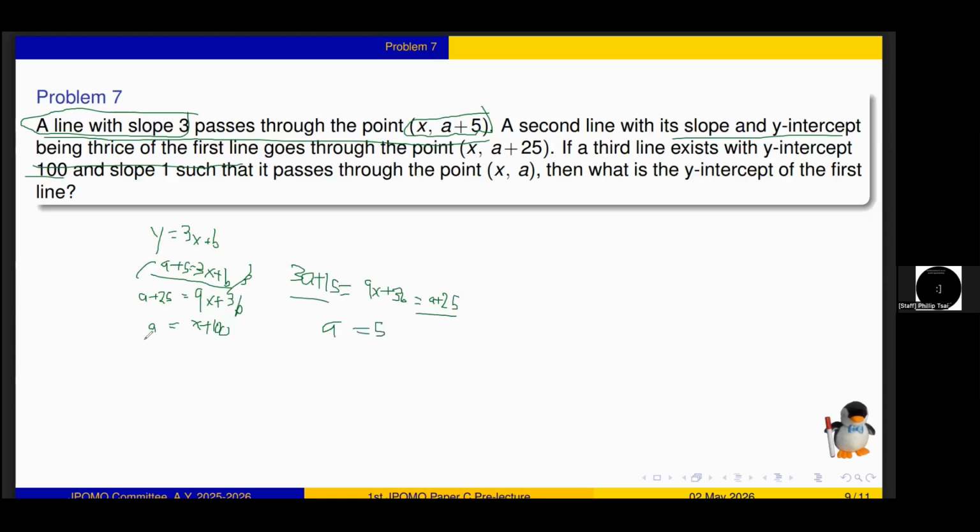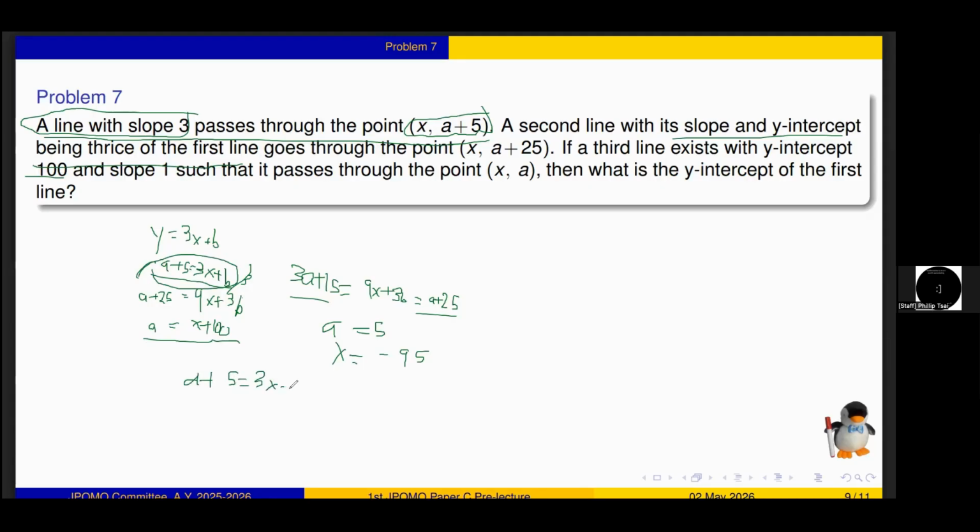So this implies you can plug into the third equation to get 5 is equal to x plus 100, or x is equal to negative 95. And so lastly, we can plug into either of these equations, but we can plug into just this equation, a plus 5 equal to 3x plus b.